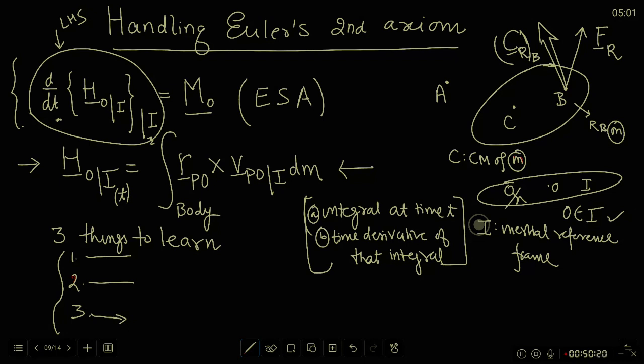For the time being, I want to pose this big picture that there are 3 things to be learned before we come back and solve this equation. Okay? Now let's go to these first 2 things. So I will first tell you what is the thing to be learned, and then I will explain the procedure that should be followed.